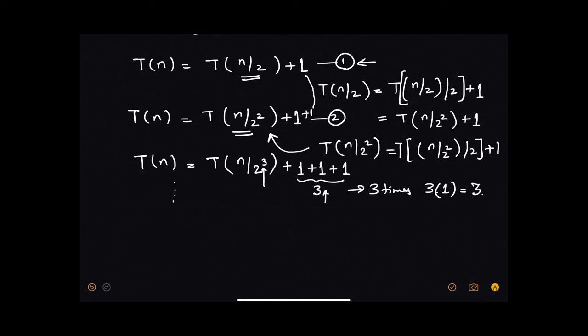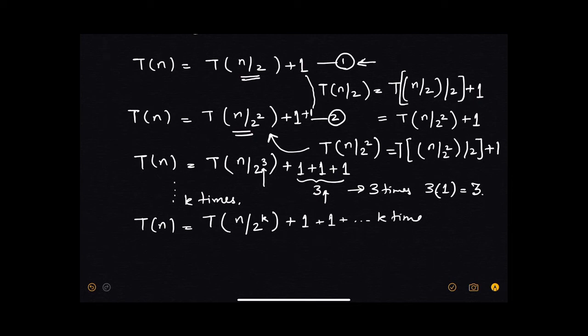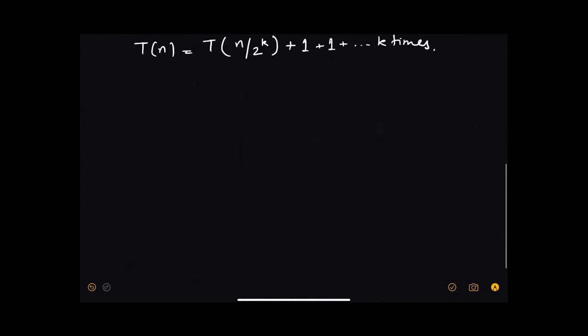So if I say that my program runs k times until the stopping condition is met, I can write it as T(n) = T(n/2^k) plus 1 repeated k times. So this statement becomes T(n/2^k) + k into 1, right?